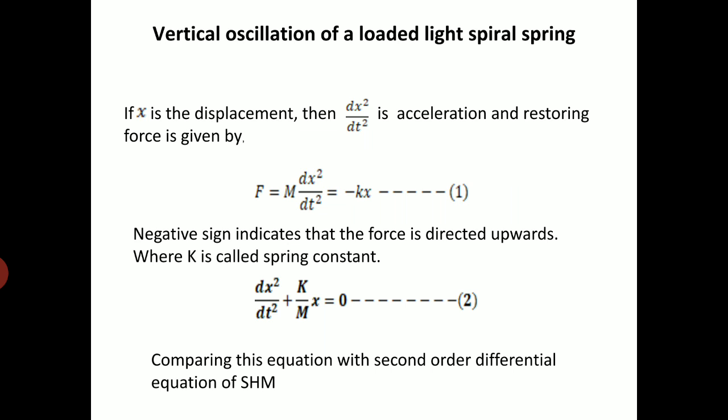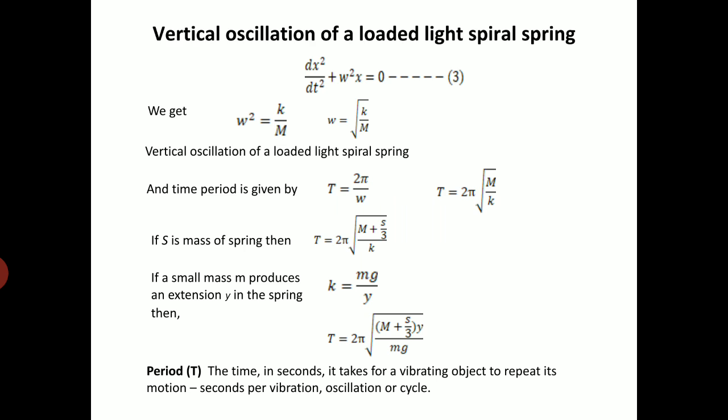Further rearranging this equation, taking m to the denominator and minus k to the left hand side, we get a second order differential equation, that is d²x/dt² plus (k/m) x equals 0. If we compare this with the standard second order differential equation, in the place of omega squared we get k by m.